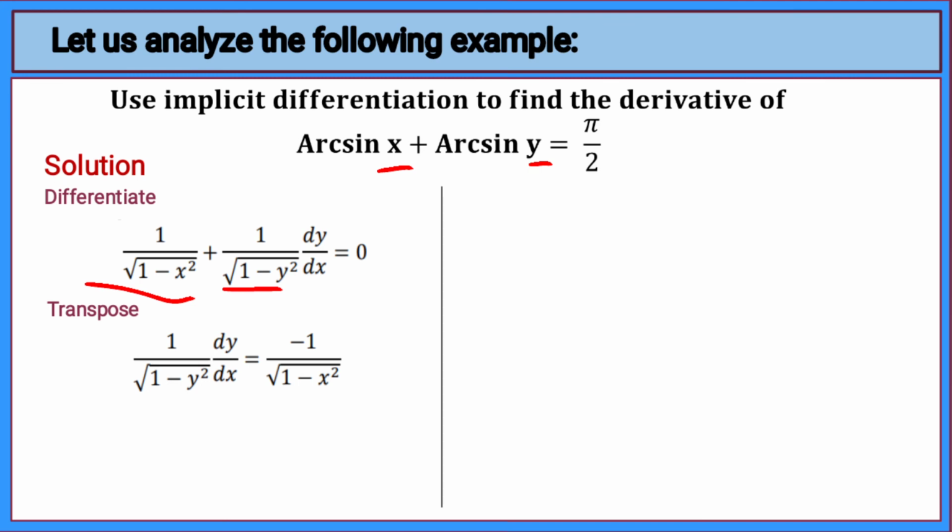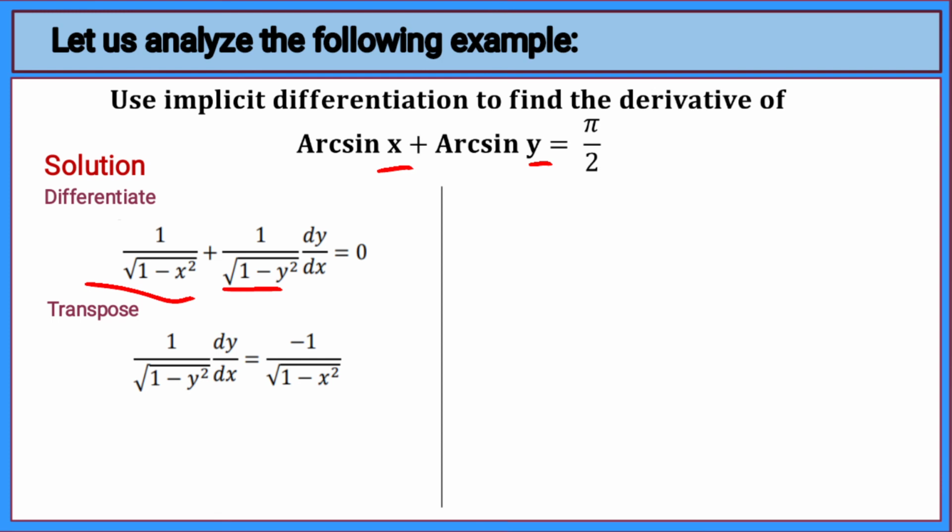So we have 1 over square root of 1 minus y squared dy over dx is equals to, since we transpose the positive 1 over square root of 1 minus x squared, it will become negative 1 over square root of 1 minus x squared.